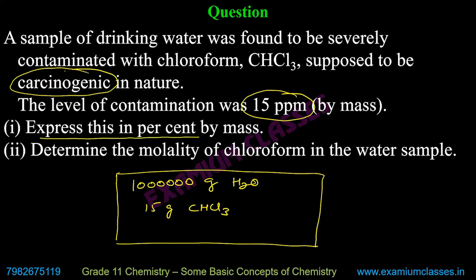Express this as percent. So if out of 1 million you have 15 gram, then out of 100, how many grams? You will apply proportionality, your questions which you have done in 7th grade, 8th grade. In proportionality, ratio is constant. In inverse proportion, multiplication is constant.